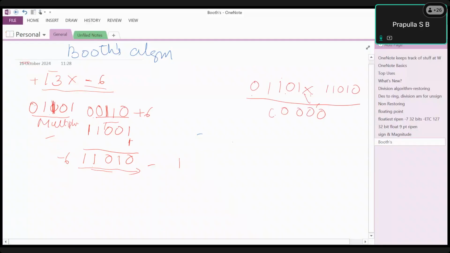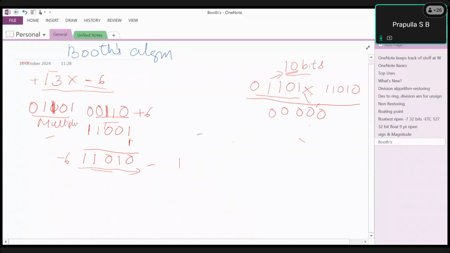How many bits are there? 5 bits. And mind you, your product will be twice your multiplicand bits. That is, if you have 5 bits in your multiplicand, your final product will be 10 bits. Okay, that you have to remember.